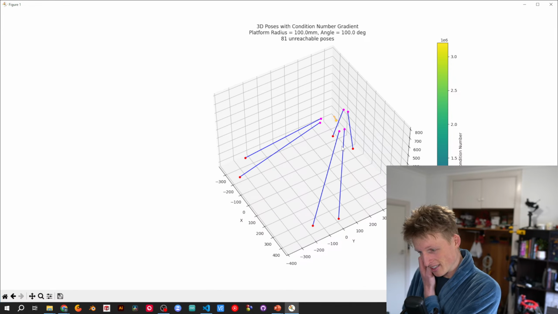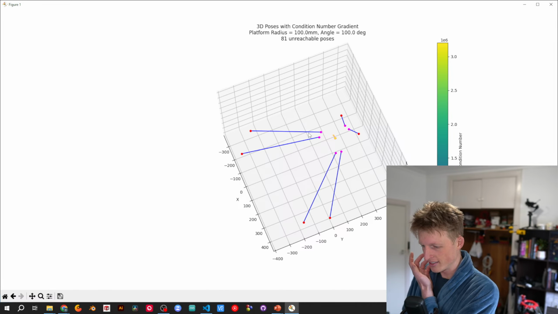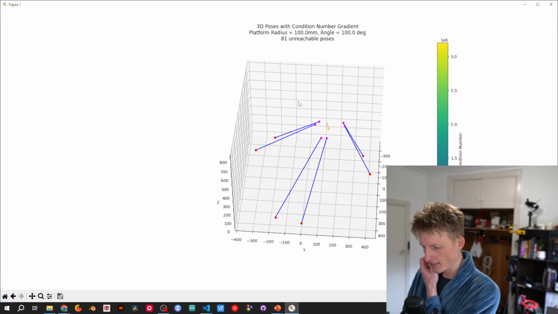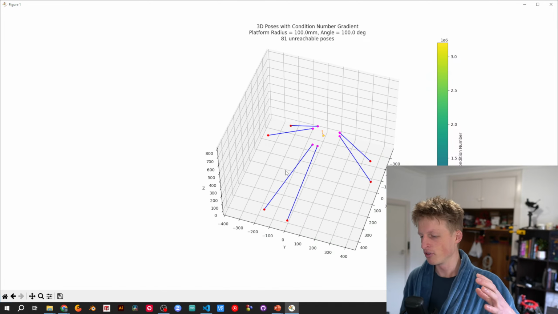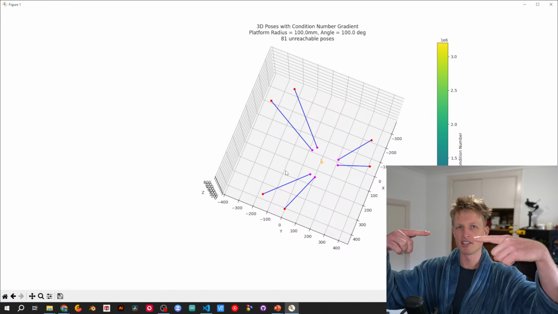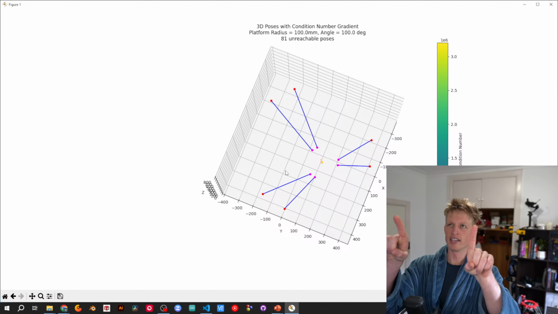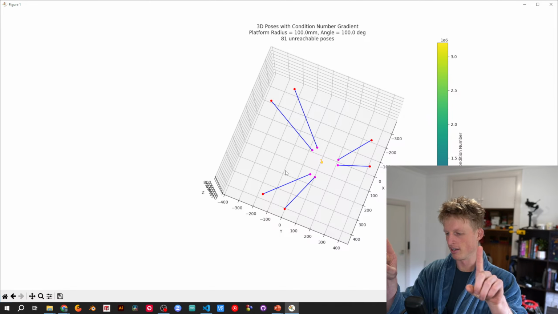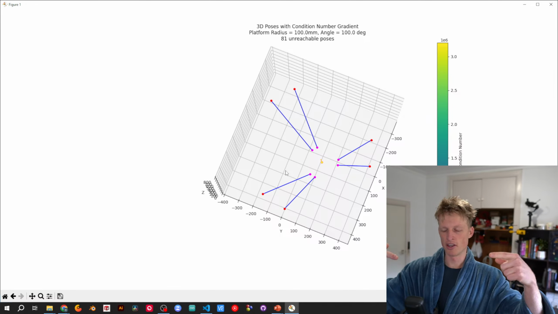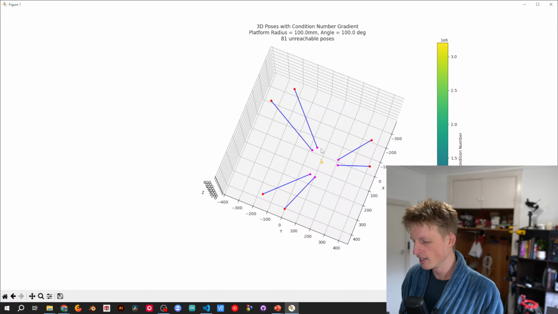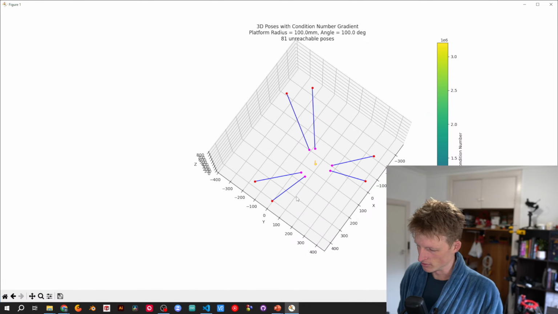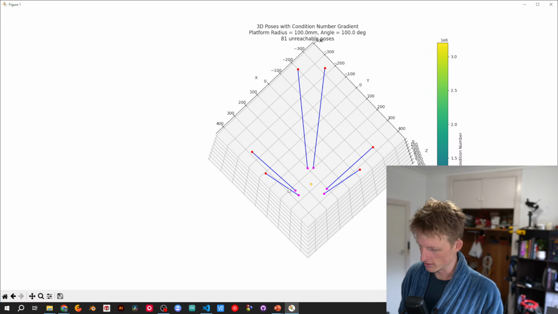And I don't really know why this is unstable. Looking at this, it looks fine. The things that I'm looking for here are the legs pointing in the same direction. If two legs are perfectly parallel to each other, or collinear with each other, that would be even worse. I guess maybe that is it.